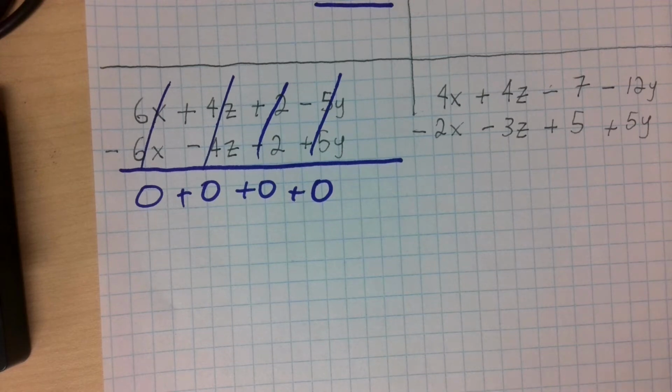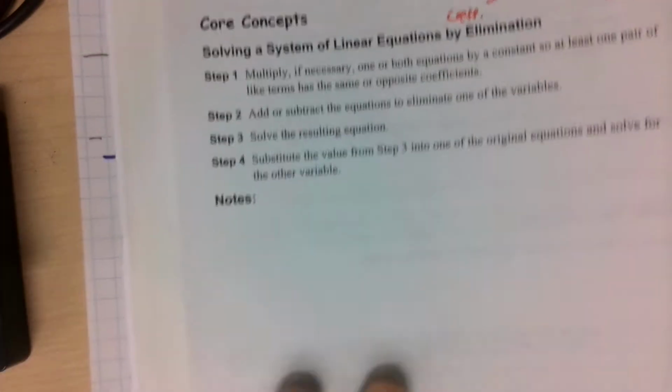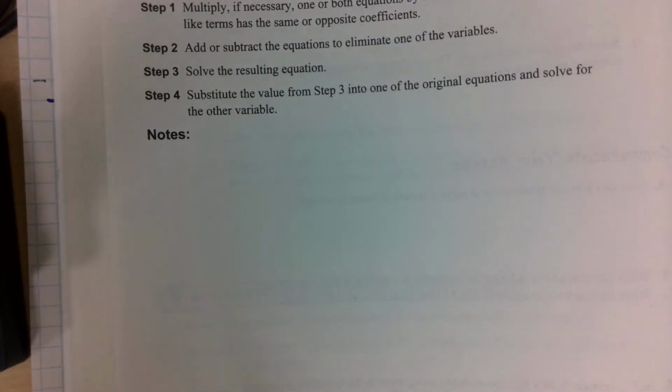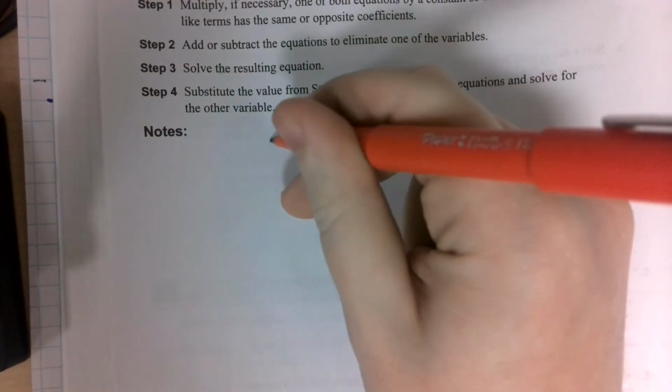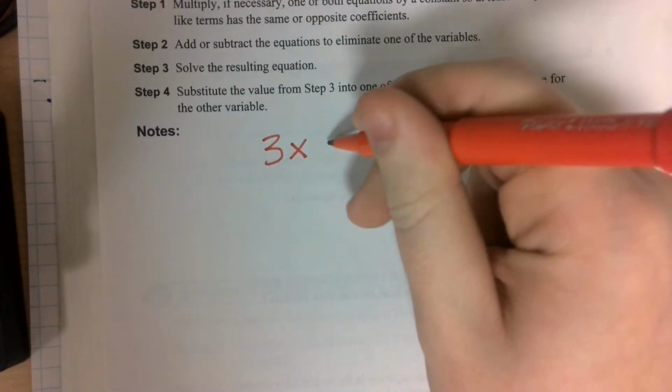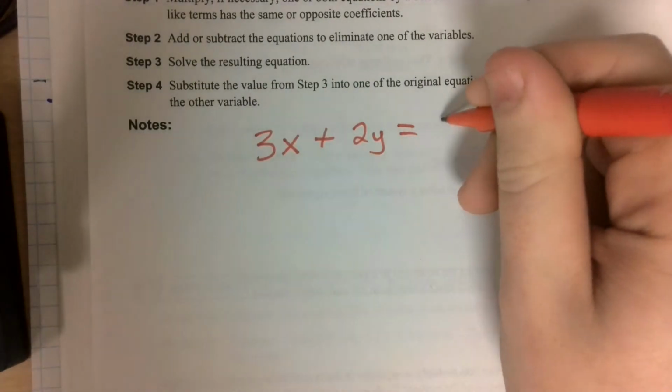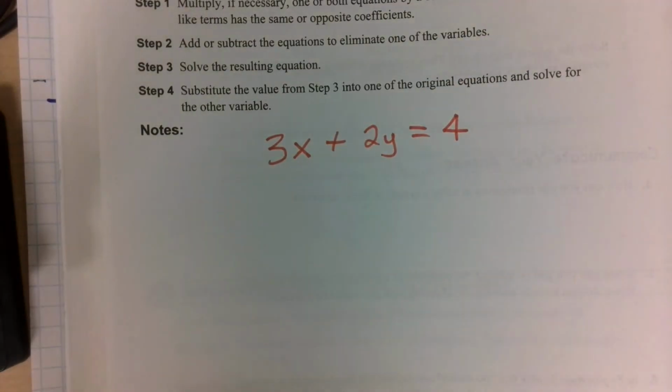Let's take a look at a problem together. And before we even go through how to solve it, I want us to try and see if we can find a cancellation that takes place. So here we go. Our first equation is 3x plus 2y equals 4.